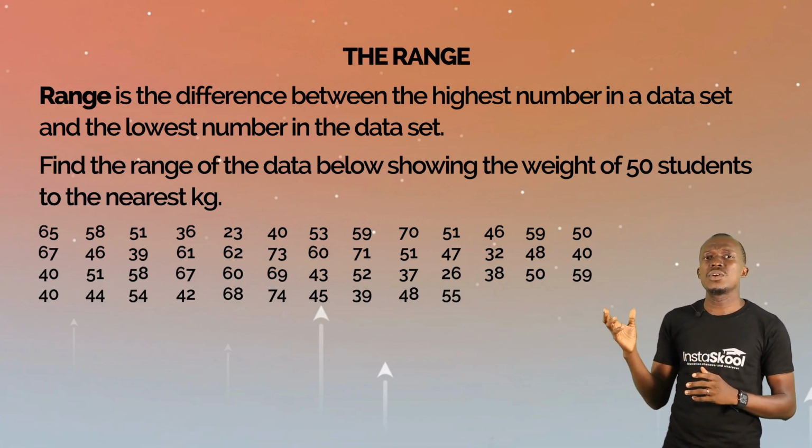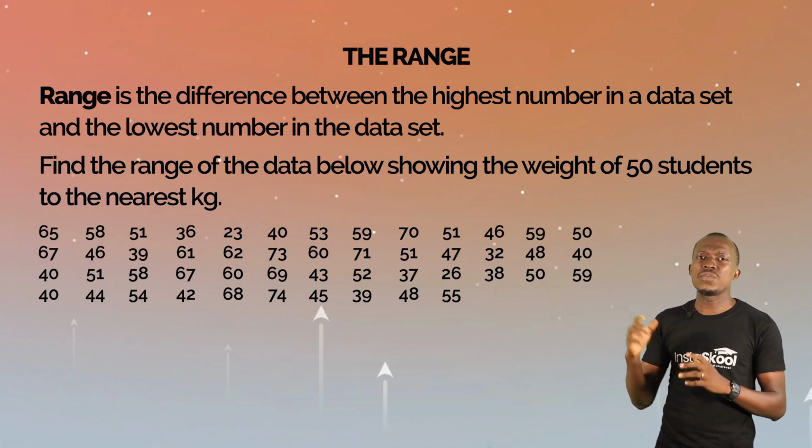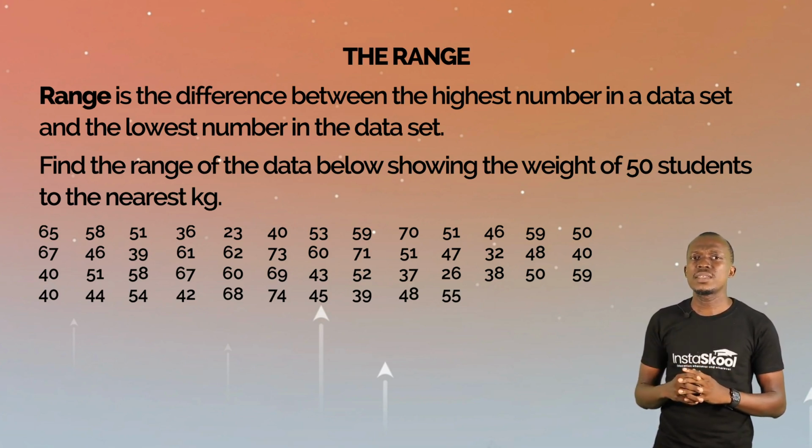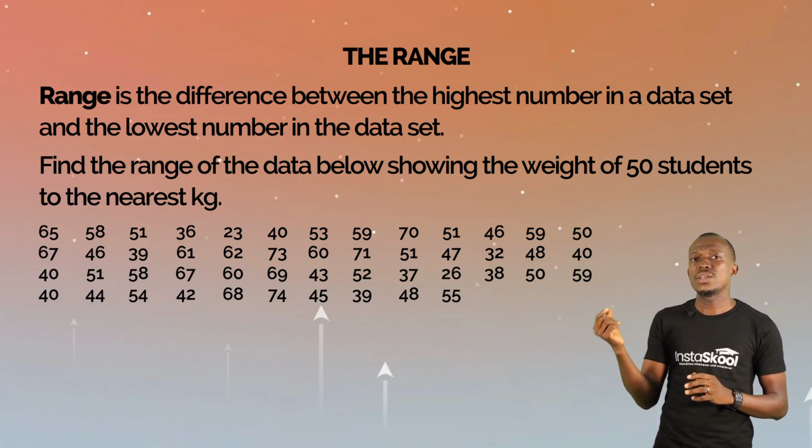Given this set of data, we are asked to look for the range. So first, we try to identify the biggest number in this data set. So the largest number here, can you see it? It's 74.